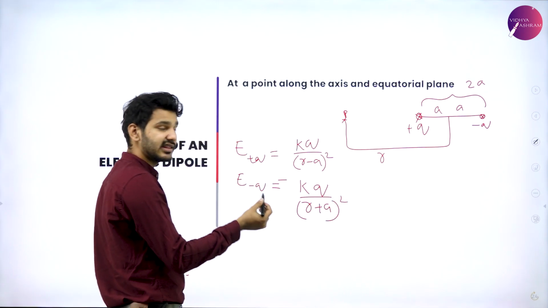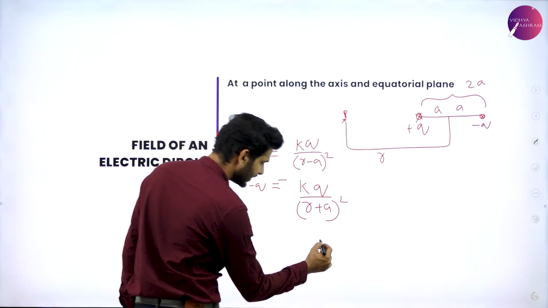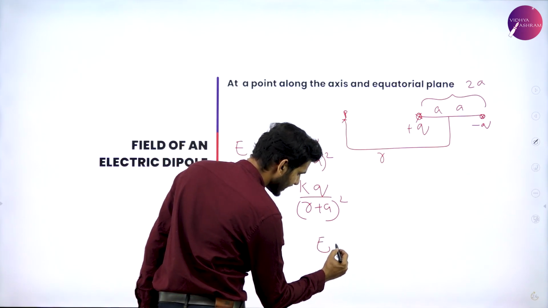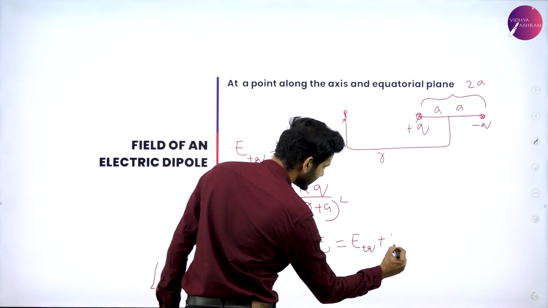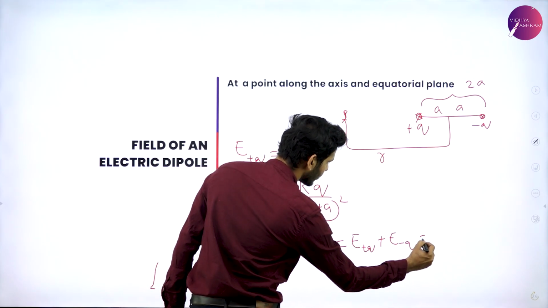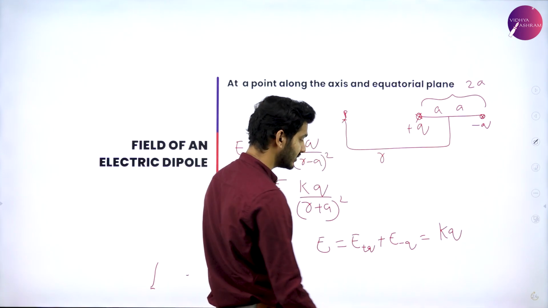And we know that to get the net electric field, we have to add these two electric fields together, which we did. Then we got the net electric field as E plus Q plus E minus Q, which is nothing but K and Q are common. We took that out.